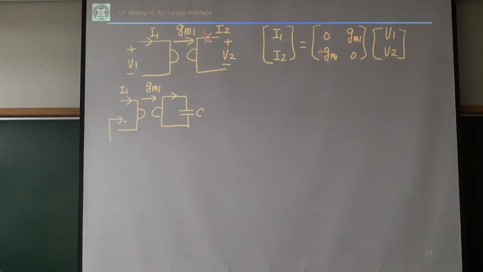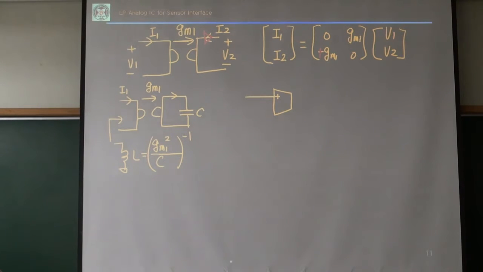Then this one is a grounded inductor, say L equal to C over GM1 squared. So we could implement this gyrator by GMC. So how does it look? By this polarity, I must put a positive sign here.